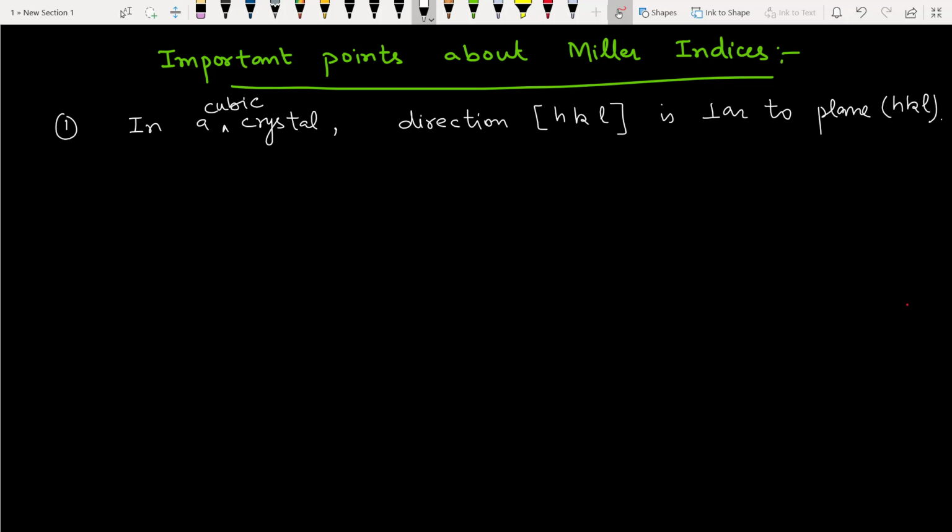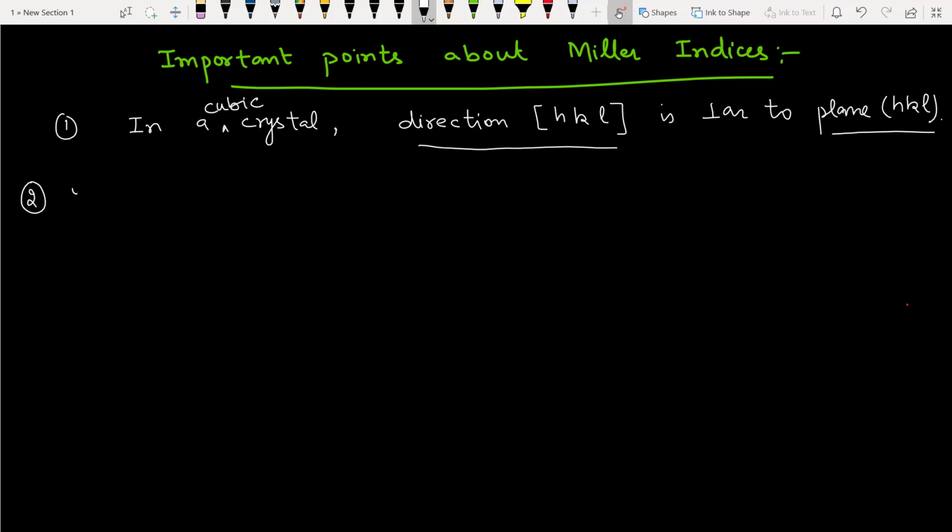Plane is written with round bracket, direction with square bracket. In a cubic crystal, this direction is perpendicular to this plane. We will prove it in our next lecture. For the time being, remember this.